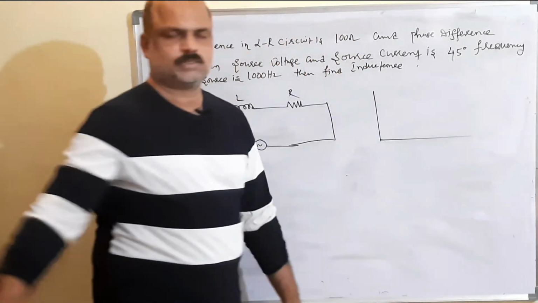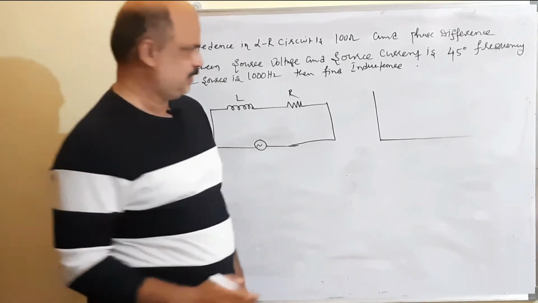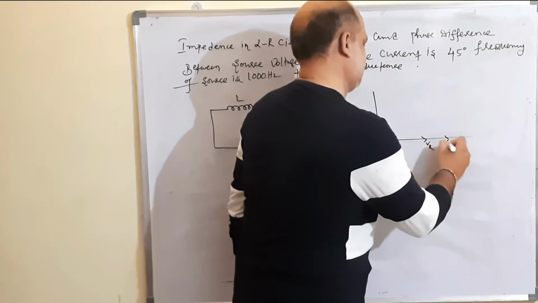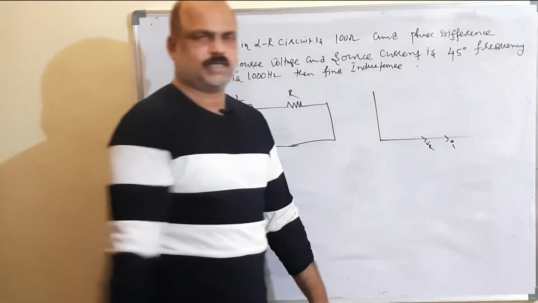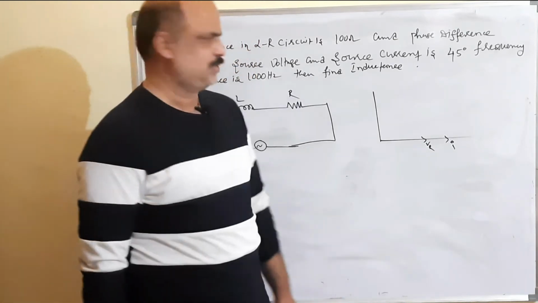In resistance, the current and voltage are in same phase. So this is voltage across resistance and this is current. In inductor, voltage leads by 90 degrees.